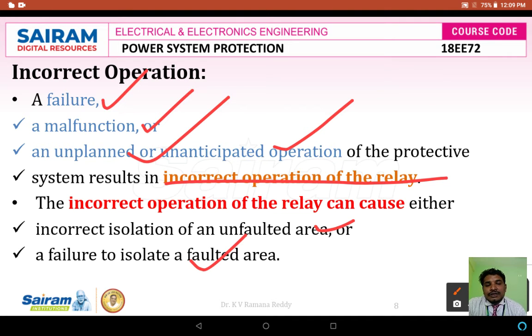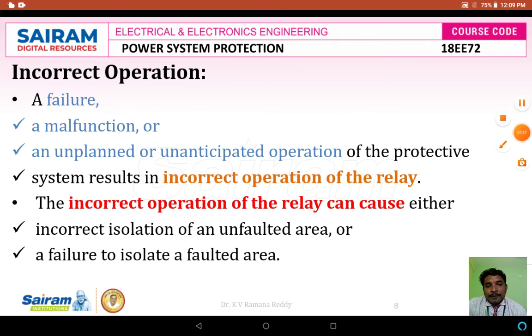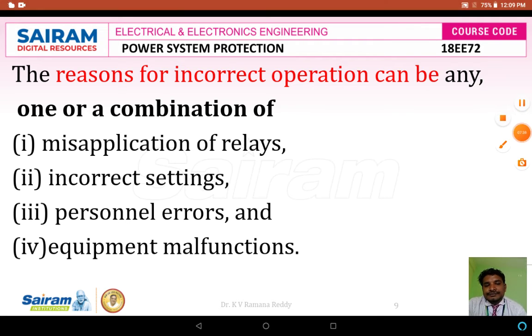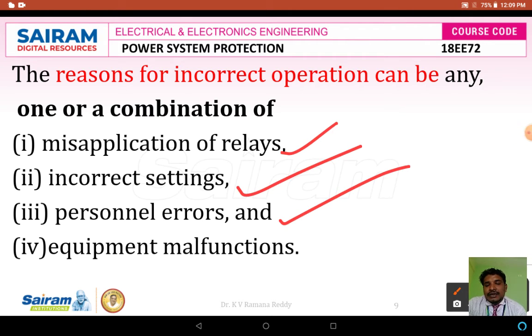These are some of the causes of how incorrect operation happens. The reasons for incorrect operation can be any one or a combination of these. For example, the first one is misapplication of relays, then incorrect settings, personal errors, equipment malfunction.